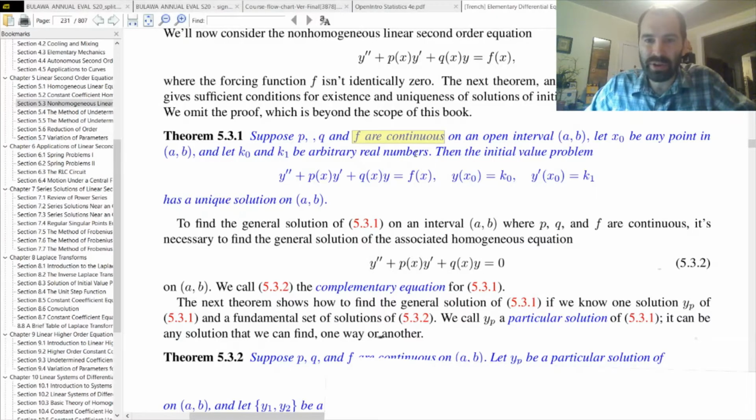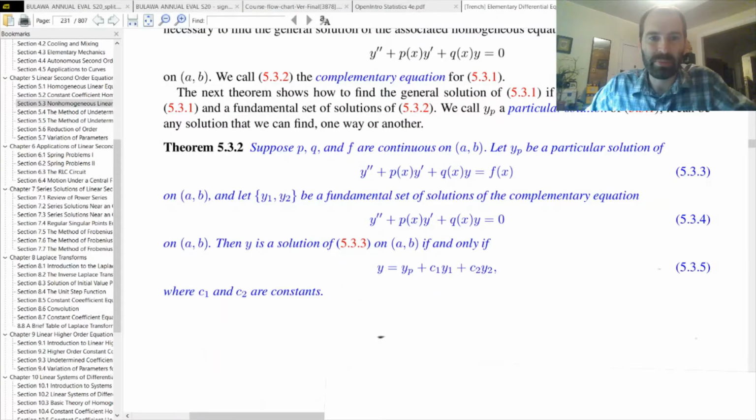The next important theorem I want to talk about is theorem 5.3.2. This theorem tells us how to get the most general solution possible to our differential equation. Let's read what it says. If p, q, and f are continuous, let yp be a particular solution of this differential equation. What does that mean?